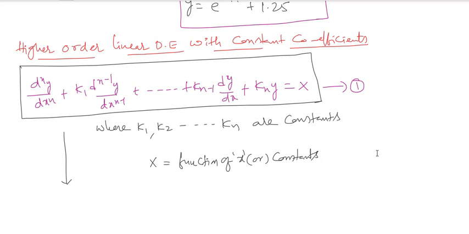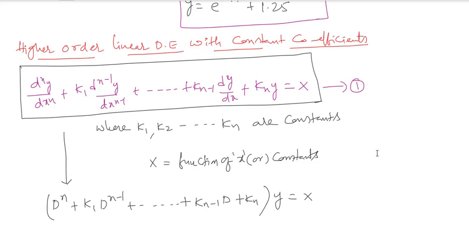Means the compact form, what I will do is I can represent this as d power n plus k1 into d power n minus 1 plus and so on kn minus 1 into d plus kn, overall into y, which is equal to x.